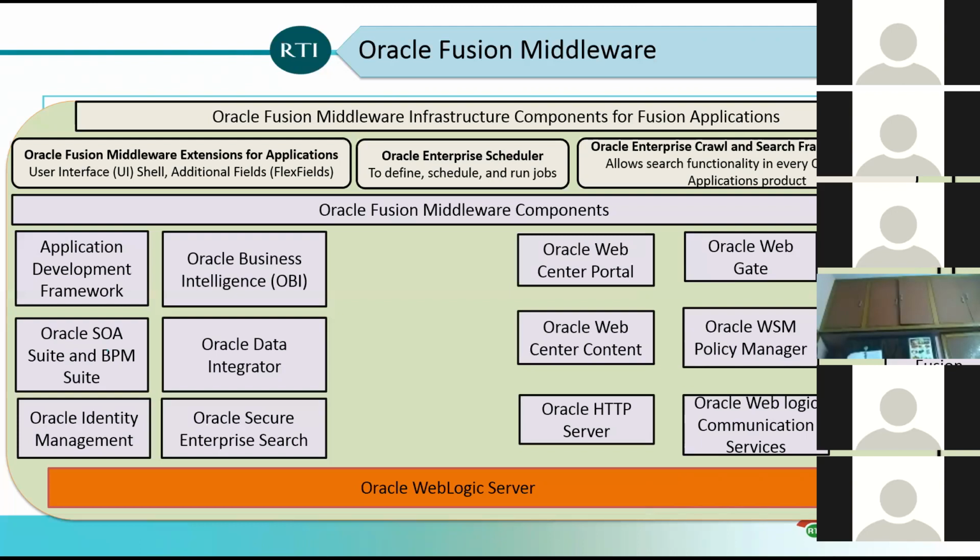To access it, we need an HTTP server, which handles the input connections and output connections. Oracle Web Gateway and the Oracle Web Services Manager security policy manager work together. When someone comes into your system, the Web Gateway decides which application they are going to access and sends them to the respective HTTP site.